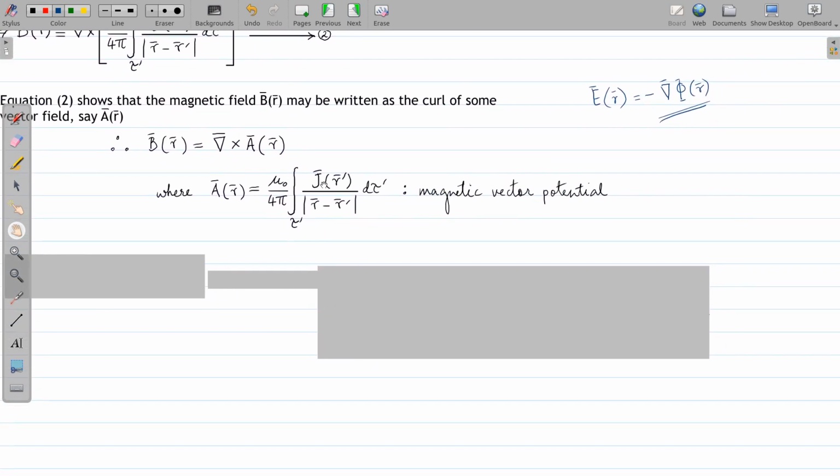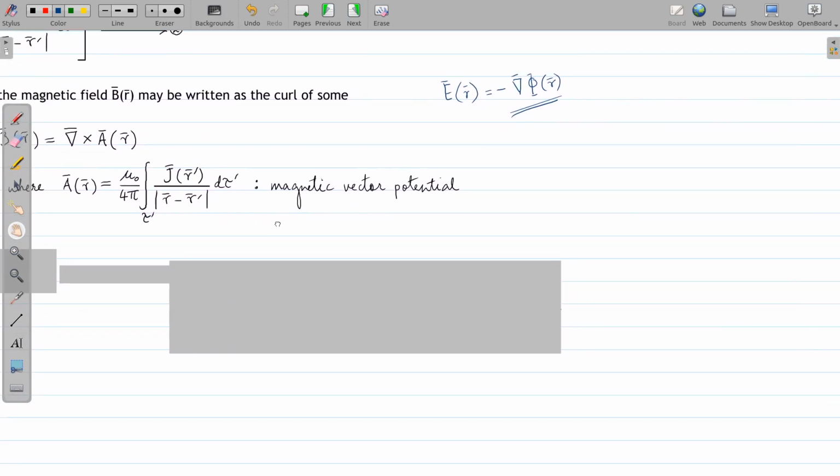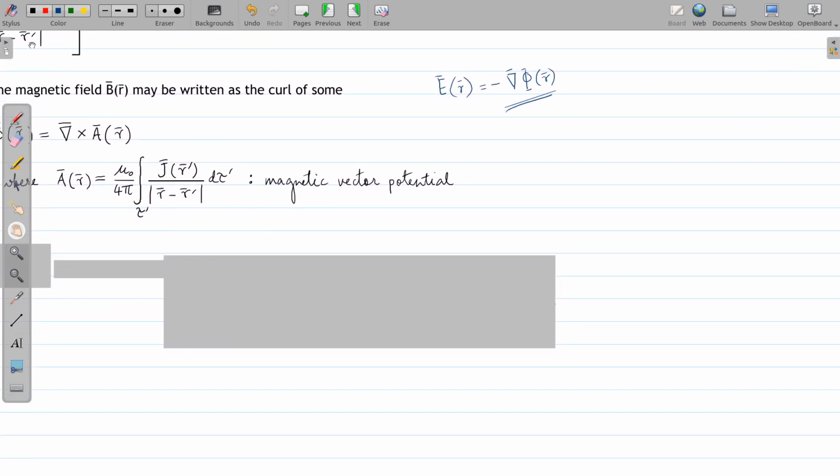Given the current density J, we can find the magnetic vector potential this way, and you can see that it mirrors the expression for the electric potential. For the electrostatic potential, the expression is phi at r equal to 1 by 4 pi epsilon naught, then a volume integral of, instead of J, rho, which was a function of r prime, divided by modulus r minus r prime, into d tau prime.